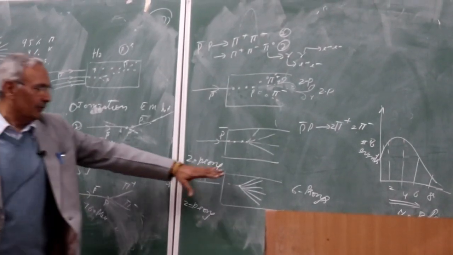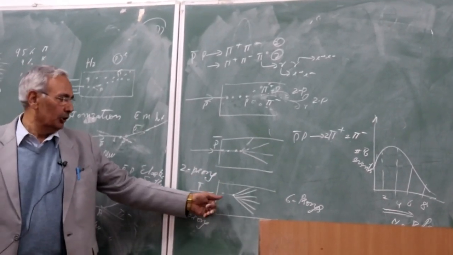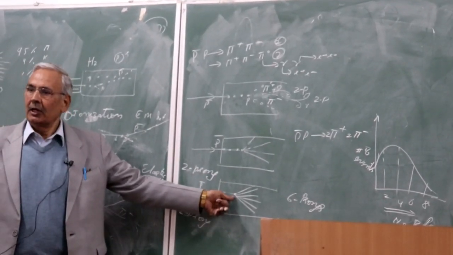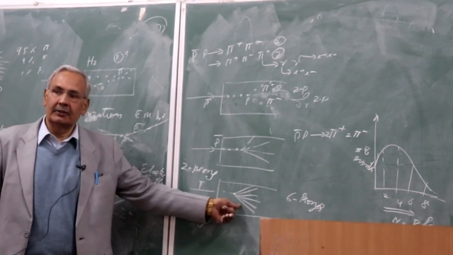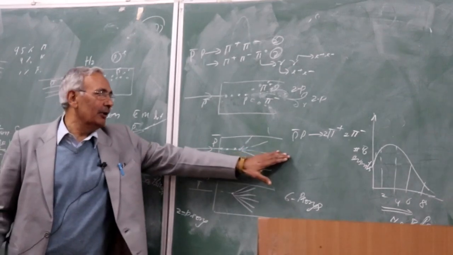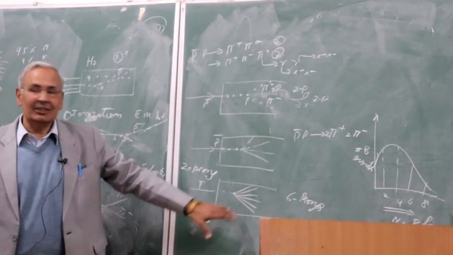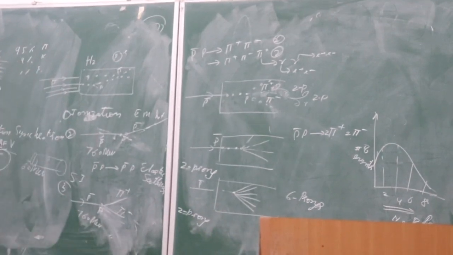First in the bubble chamber, you will see some kind of interaction if it is occurring. You locate that interaction and then count the number of particles. Okay? If there are 4, you count them, write them in the 4 prong category, 2 prong category, or 6 prong category, or 8 prong category.